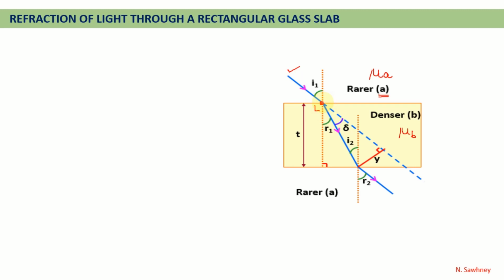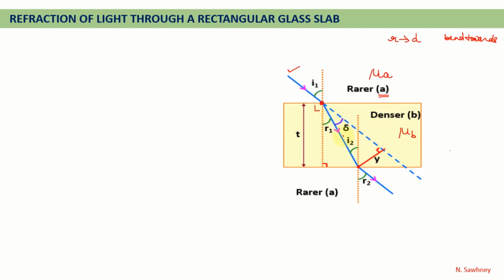At this interface, the incident ray is making an angle I1 with the normal. As the ray is traveling from rarer to denser medium, it will bend towards the normal like this.